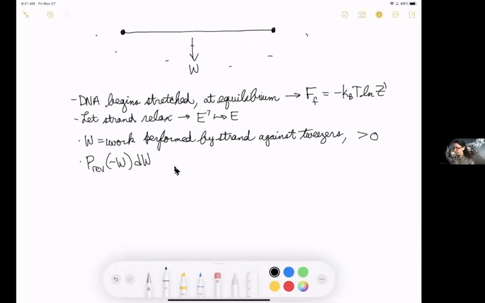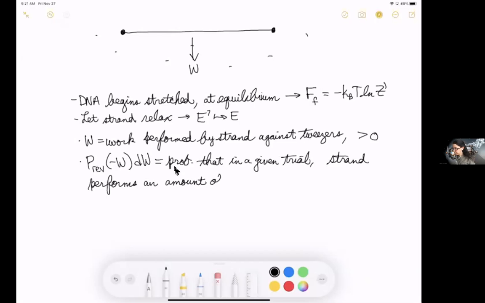So this quantity here is the probability that, in a given trial, the strand performs an amount of work within dW of the number W. Let's also relabel our earlier probability density. Earlier, we defined a probability density P of W. Let's call it now P forward of W.